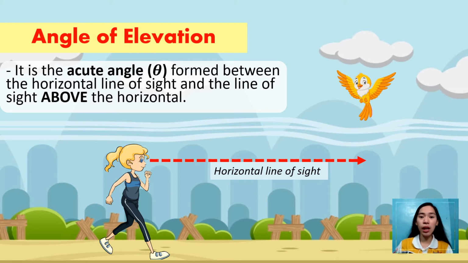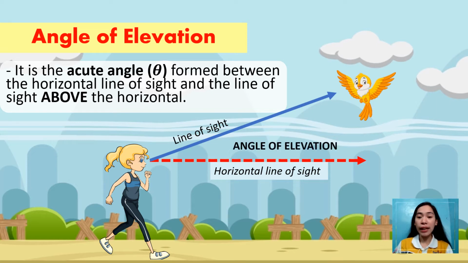Okay, if she looks up to the bird, it will also produce a line, which is line of sight. And then from line of sight, it will also produce an angle, which is angle of elevation. So from the horizontal line of sight, when you look up, it will form an angle of elevation.